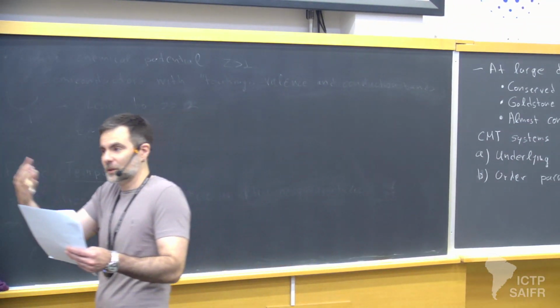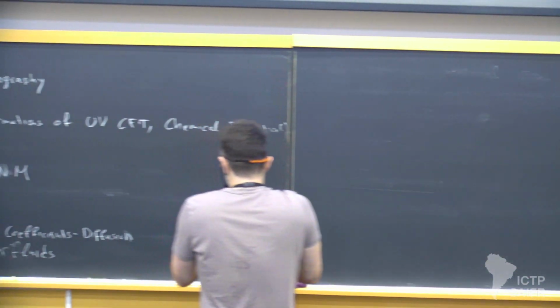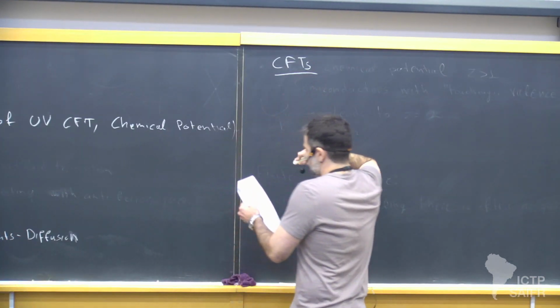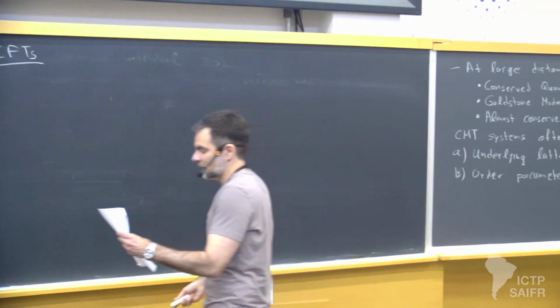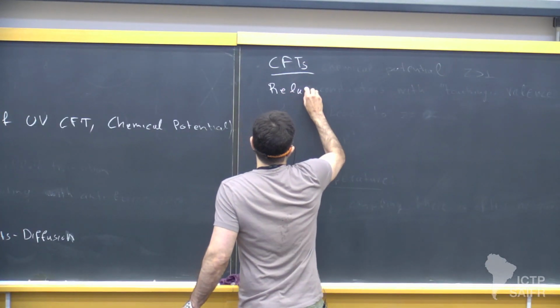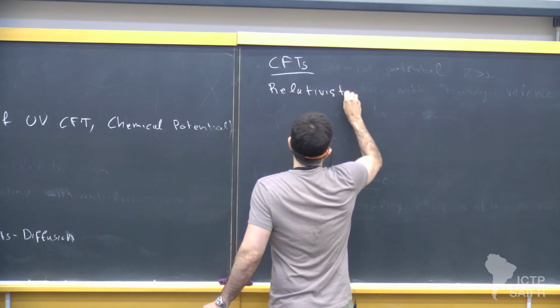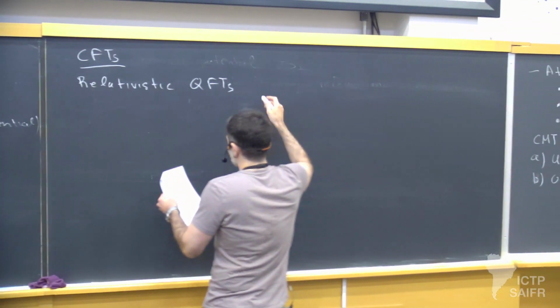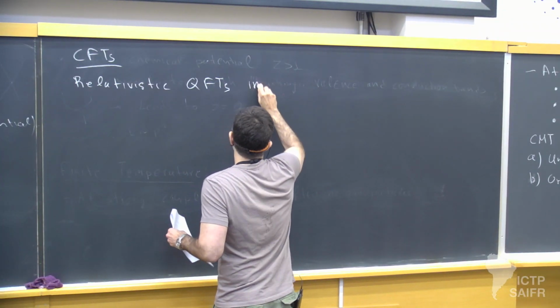You can think of them as the UV theory that I want to deform. So let's see what we can say about them. So relativistic QFTs are basically invariant under the Poincaré group.